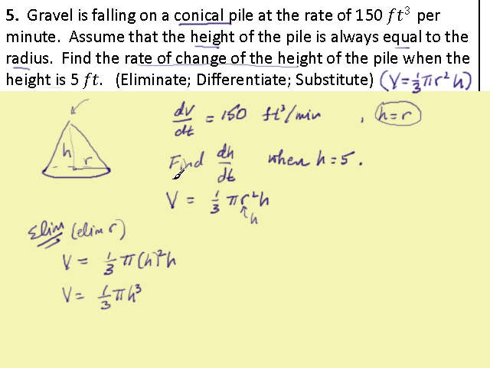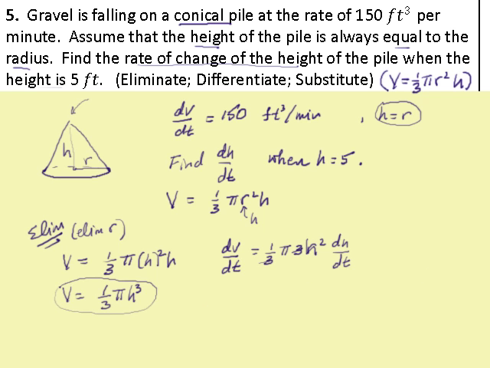And now we want to get an equation that involves dV/dt and dh/dt, so we're just going to differentiate our volume formula with r eliminated. So we have dV/dt is equal to 1/3 pi 3h squared dh/dt. These threes cancel.